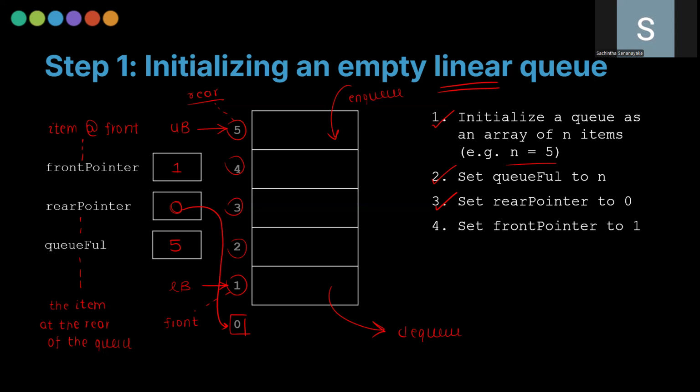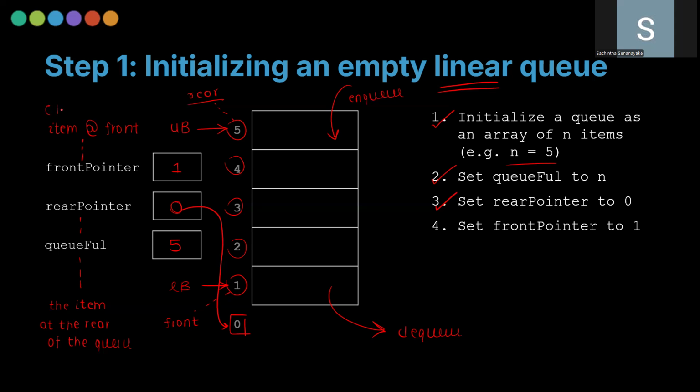Whereas the rear pointer is pointing to the item that was essentially last added to the queue, in other words, the last to remove from the queue. But again, to avoid any confusion, the front pointer is always the item at the front of the queue and it points to the next item to remove.